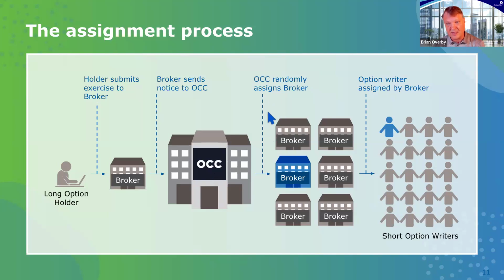Once that happens, the OCC assigns it to a broker, and then that broker assigns it to a particular client. So somebody in that brokerage firm is short an option contract, and it might be this person, and the next time it could be that person, it could be that person, it could be this one. So it's all random from the beginning to the end as far as the assignment process is concerned.